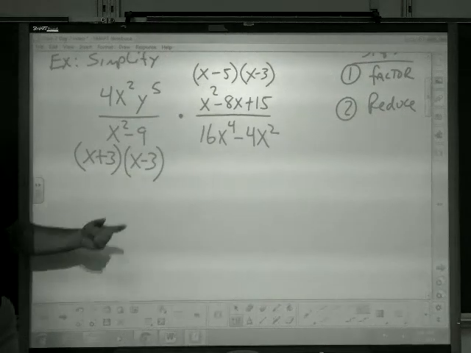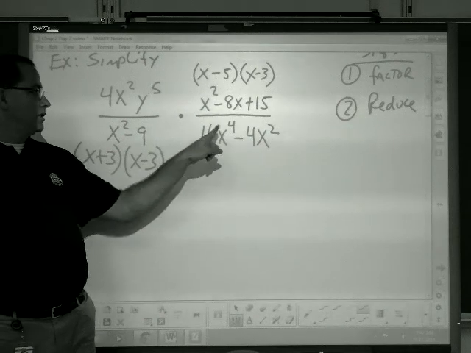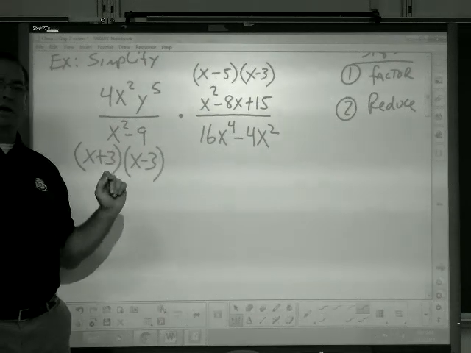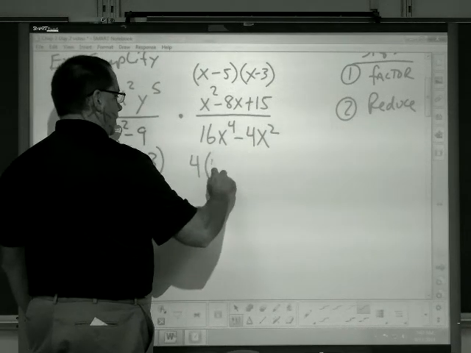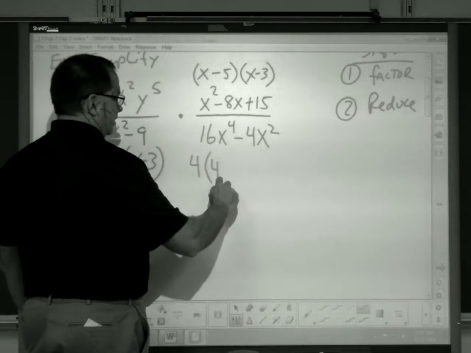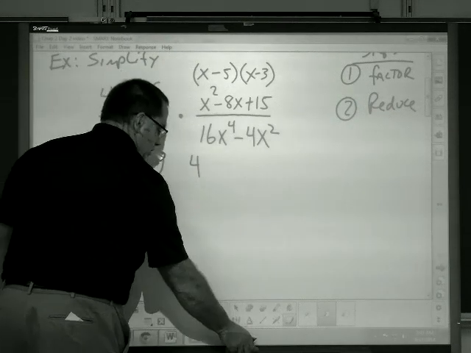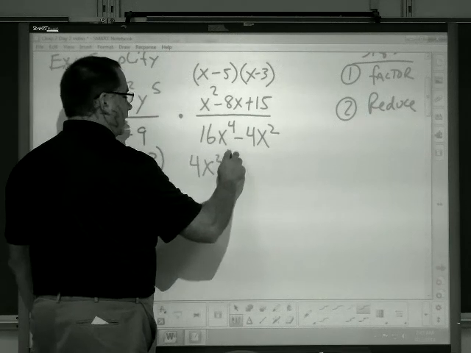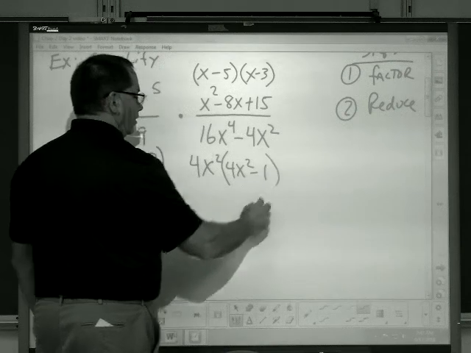Okay. This looks like a difference of perfect squares, but I also see a GCF here of 4 that I could take out first. So let me take out the 4 to begin with, and I can take out 4x squared actually, since I'm taking out a GCF. So I'll take out 4x squared, and it gives me 4x squared minus 1.